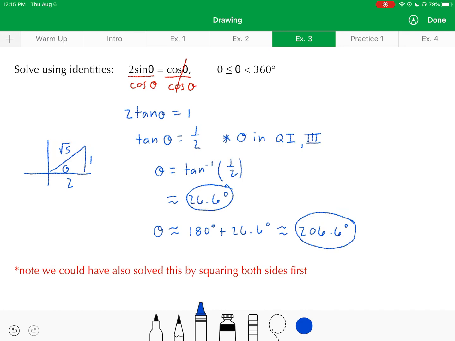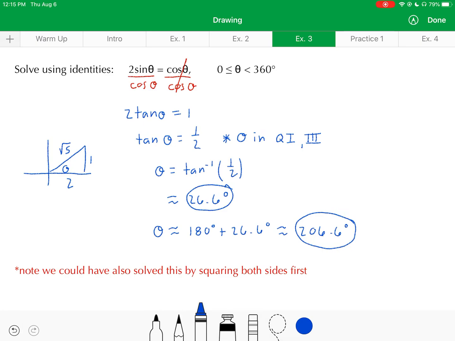Now I mentioned there's other ways that we could have approached this equation. We could have squared both sides right off the bat. That would have given me 4 sine squared is equal to cosine squared. And then I could have changed cosine squared to 1 minus sine squared and then tried to proceed from there. But I think that would be a little bit more work than the approach we took in this case.